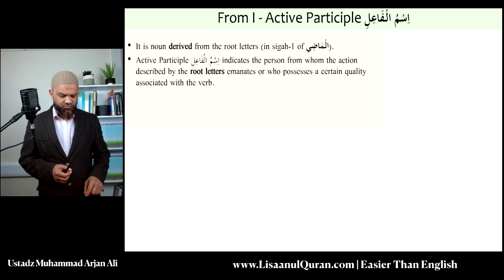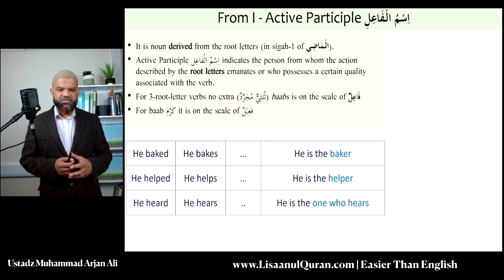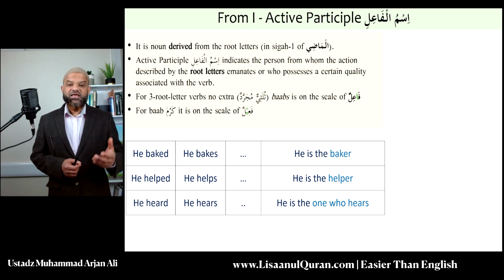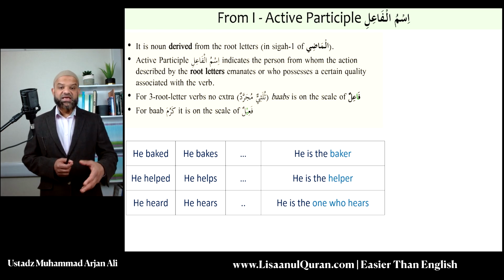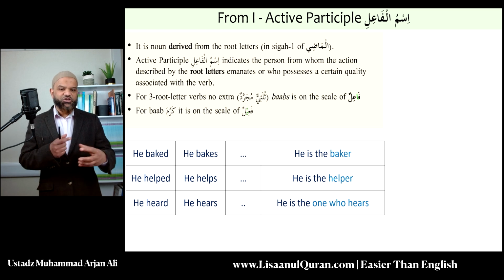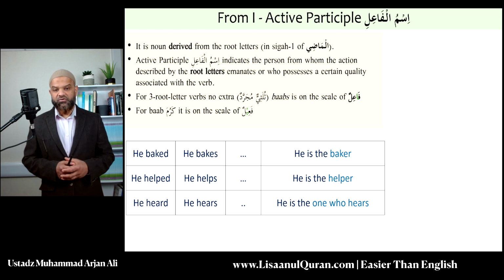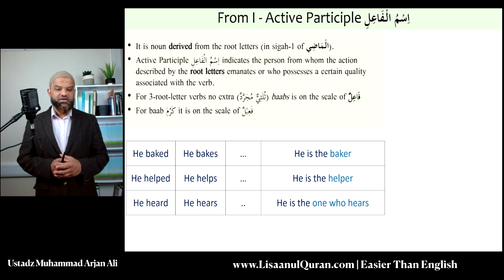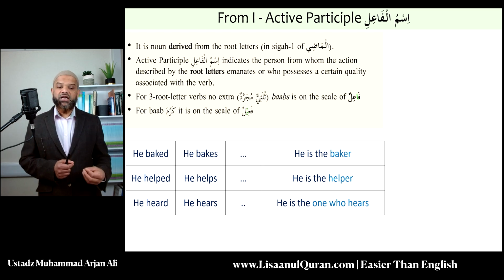So in a simple form, in English, for example, if I say he baked, he bakes, he is the baker. So baker, now it tells me the action of baking. This person does the action of baking. So he's the doer participle, if you want to think of it that way. So he helped, he helps, and he is the helper, the person who does the helping. So it's a noun describing the person who does the act of helping.